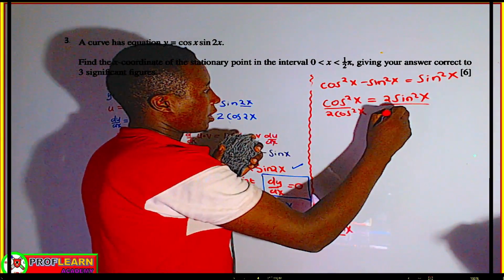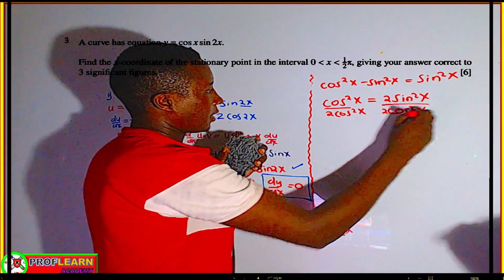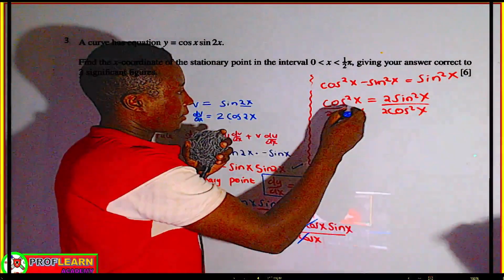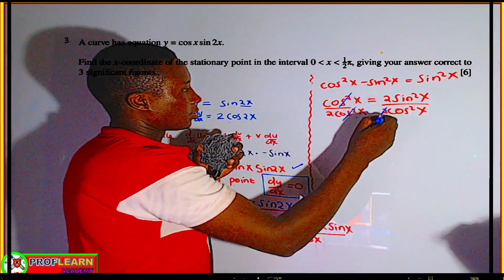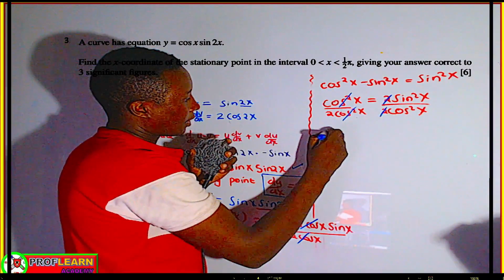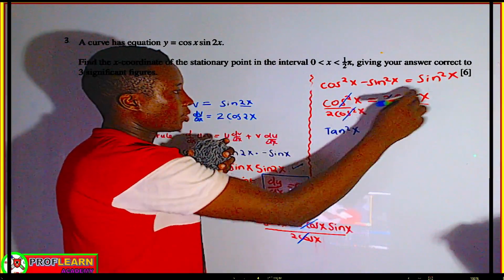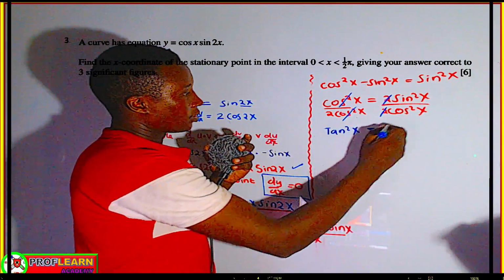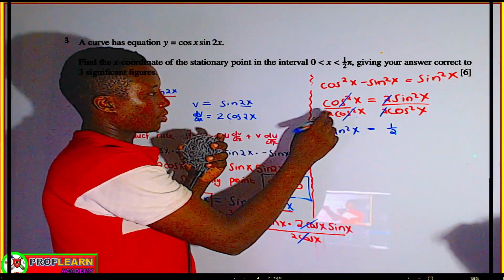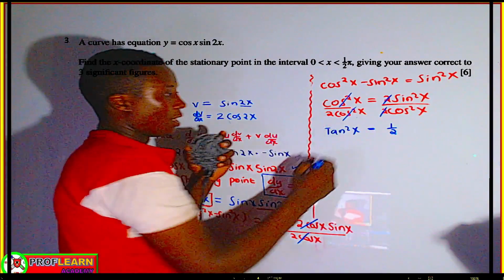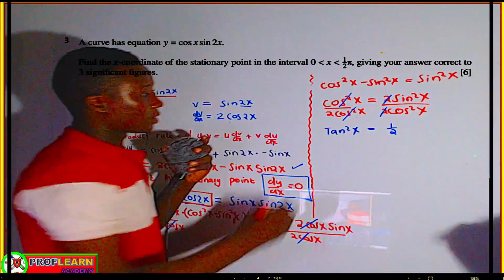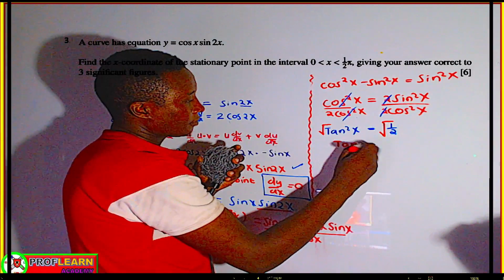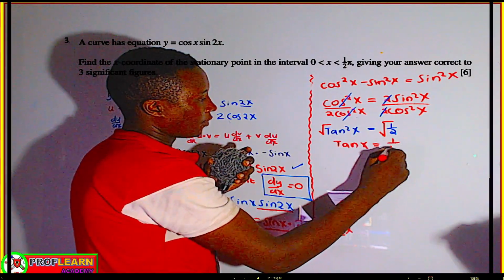The reason I have done that is to cancel cos and cos, and I will remain with tan squared x, because sin squared x over cos squared x is tan squared x, which is going to be 1 over 3. Then I can find the square root, and I remain with tan x equals 1 over root 3.